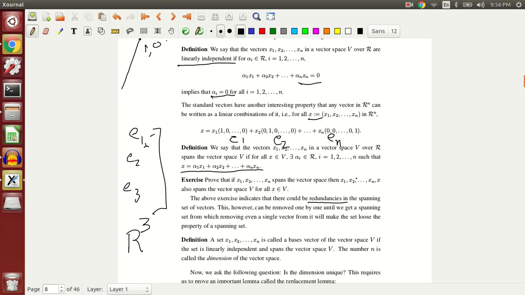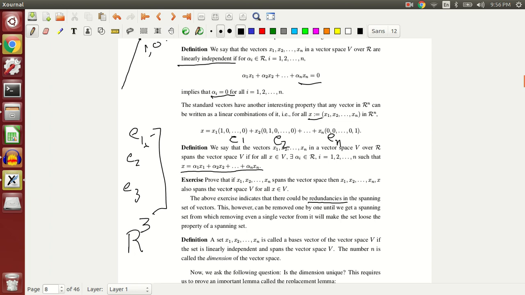And you can remove, let's say if there are 4 vectors which form a spanning set which spans the vector space, you can remove one of the vectors, and you can keep removing one vector at a time until it loses the spanning property.